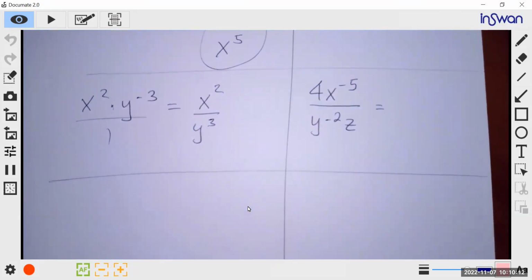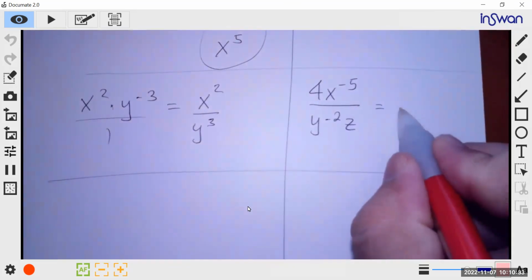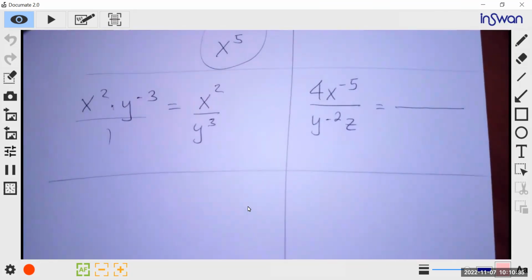Simplify that one. So there's the dividing line. Which ones stay where they are?